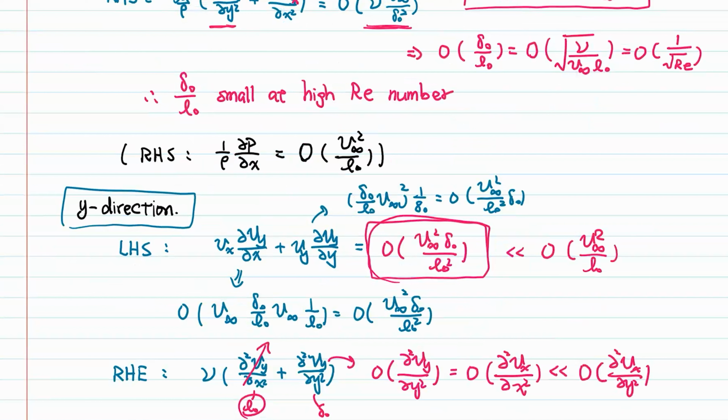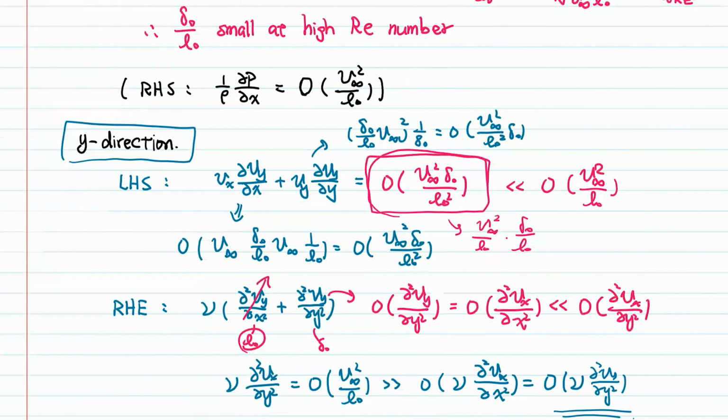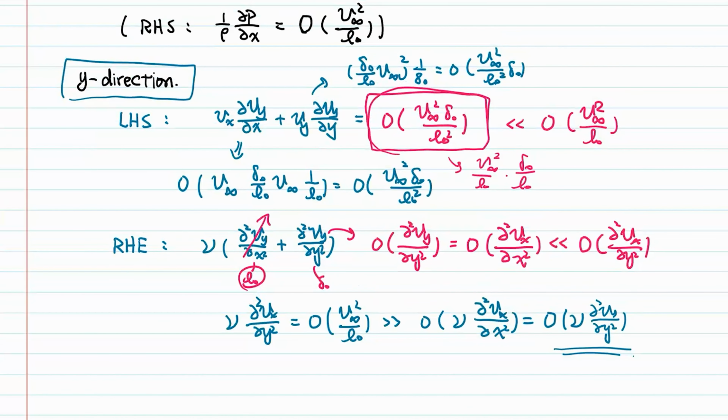It's basically this multiplied by delta naught over L naught, right? Okay, so that tells us something. That tells us that the order of magnitude of the equation of motion in the y direction is significantly much less impactful than the x direction.